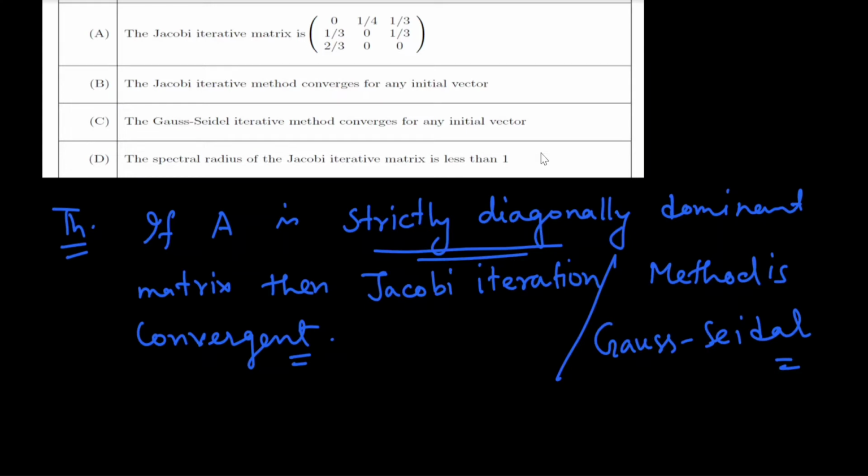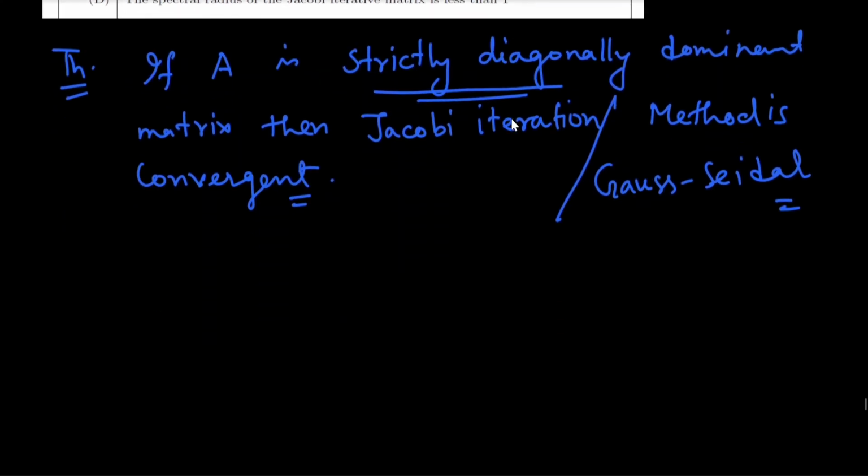What do we mean by diagonally dominant? The diagonally dominant condition means the modulus of a_ii, that is the principal diagonal element, is greater than the summation of mod a_ij, where i is not equal to j.